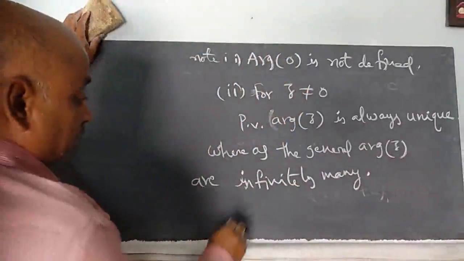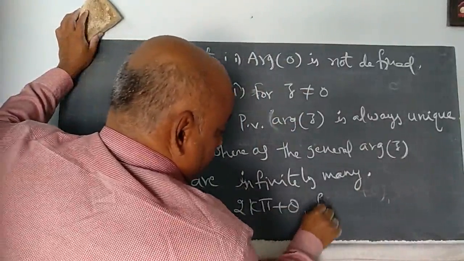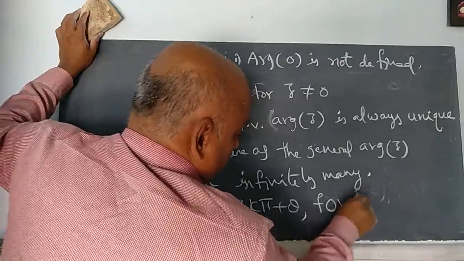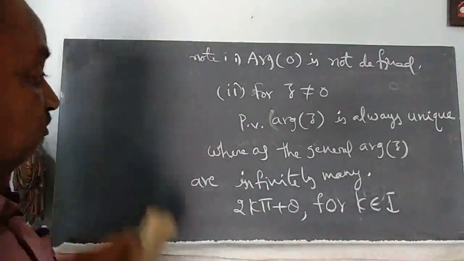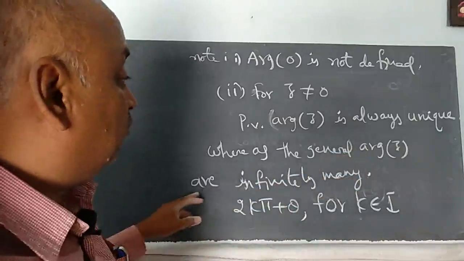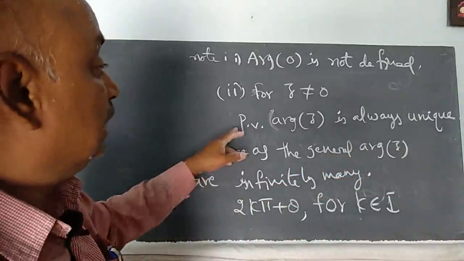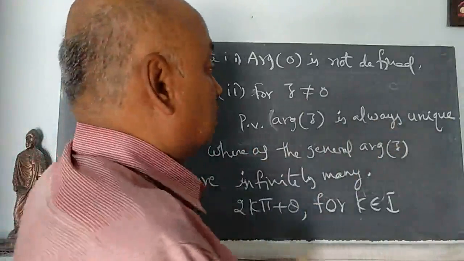Why? Because it is 2k pi plus theta for k belongs to I. For different values of k, it varies. So the general arguments of z are infinitely many, whereas the principal value of argument of z is always unique.